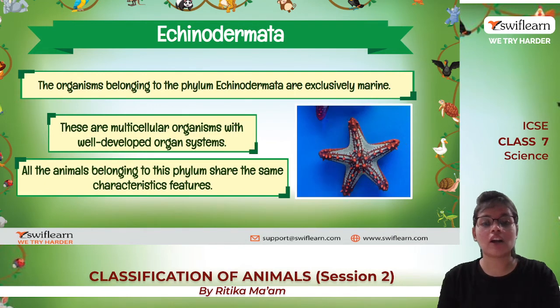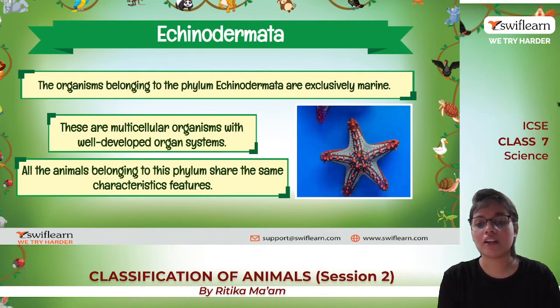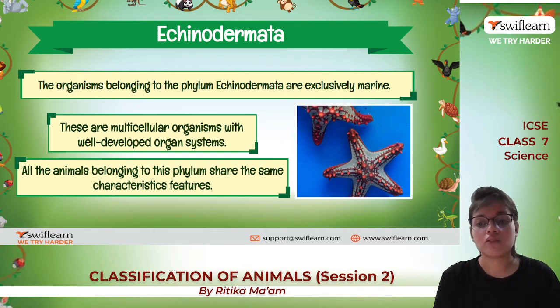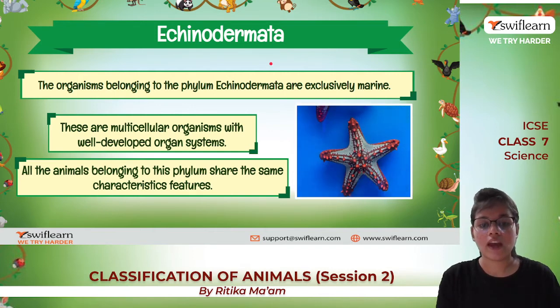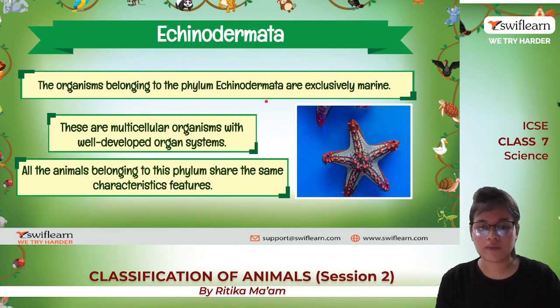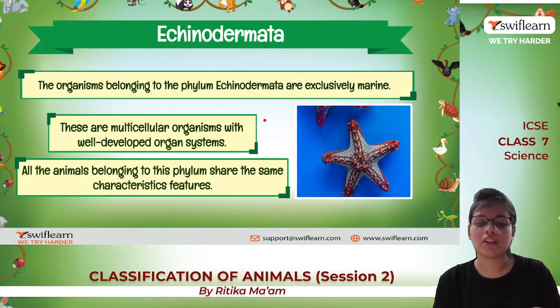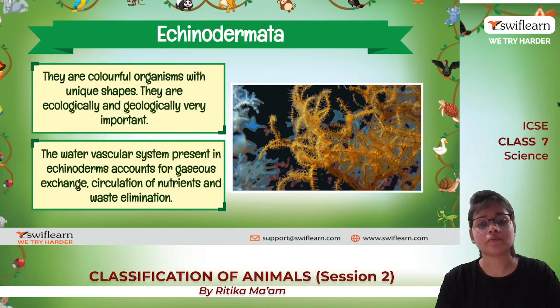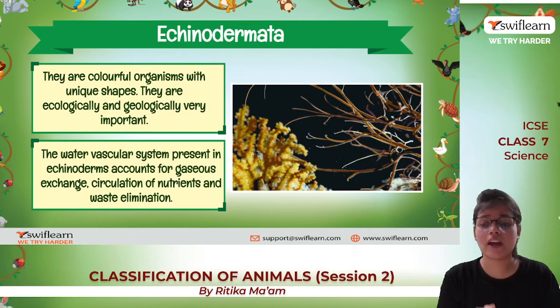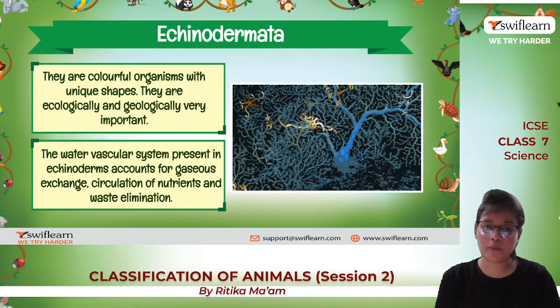Next, talking about Echinodermata. The organisms belonging to phylum Echinodermata are exclusively marine. They are multicellular, and they have very well developed organ systems. All the animals which belong to this phylum have the same features: they are colorful organisms with unique shapes, and they are ecologically and geologically very important.